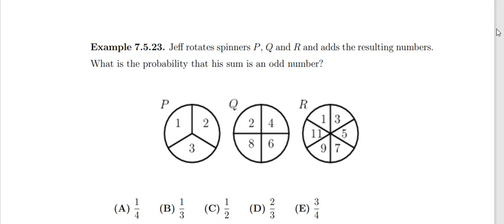Okay, now we spin the spinners P, Q, R and add the resulting numbers. What is the probability that the sum is an odd number? So if we have 3 numbers and the sum is odd, it could be odd plus odd plus odd, right? Or it could be even plus even plus odd, right?